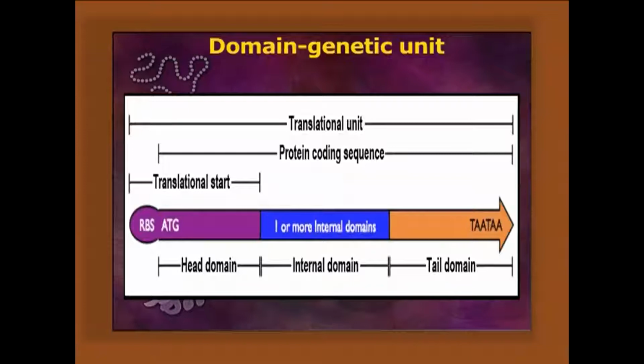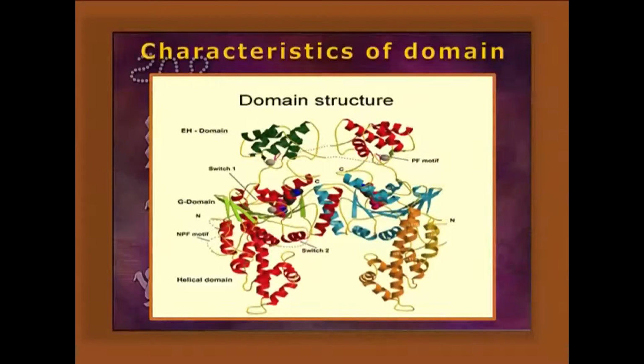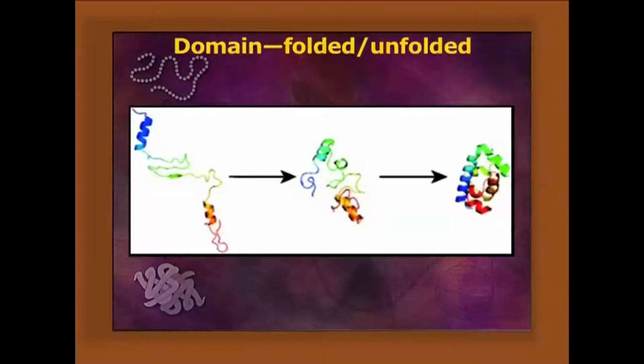An evolutionary unit, by which the exon-intron structure of DNA can be compared with the protein structure as well. It is also a functional unit showing a particular function. It is a very discrete unit by which the polypeptide chain gets folded. It is a thermodynamic unit, having native and denatured conformations by folding as well as unfolding.